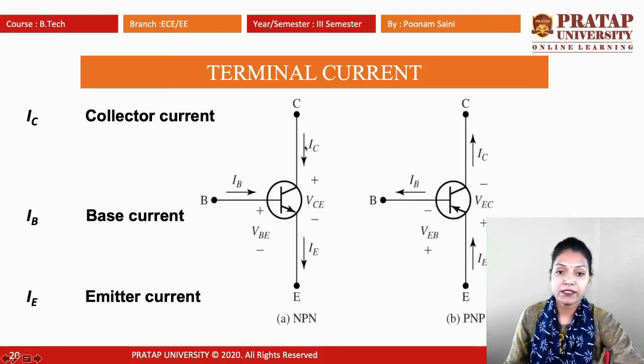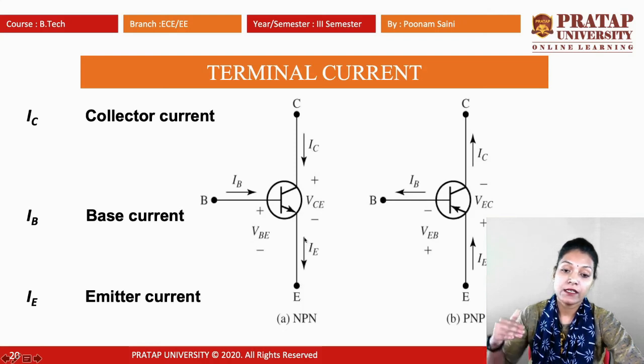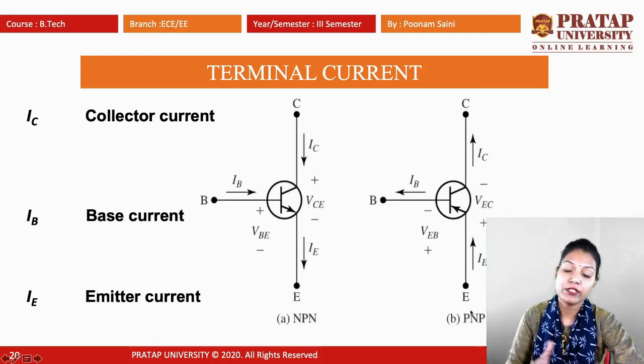In NPN, the collector current flows towards the junction, and in PNP it flows away. In NPN, the base current comes towards the junction, and in PNP it goes outward. In NPN, the emitter current flows away from the junction, and in PNP it goes towards the junction.